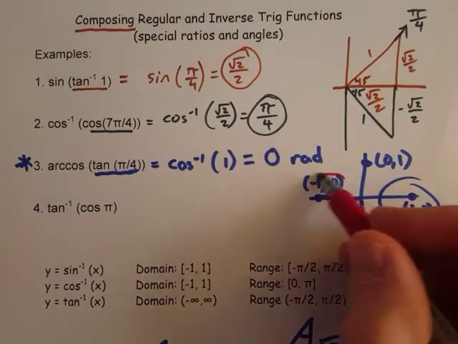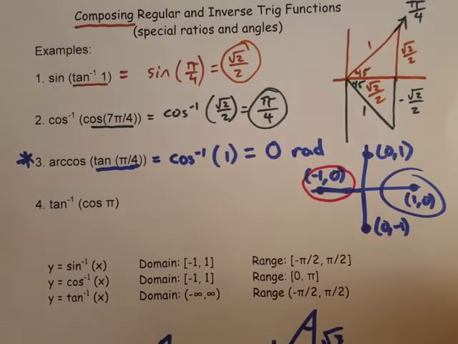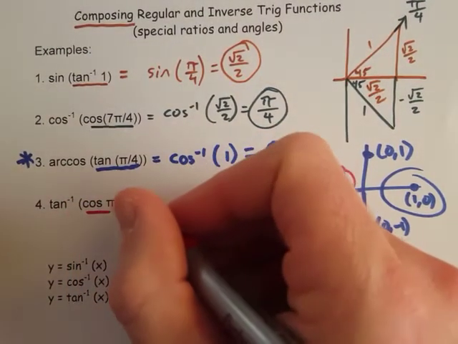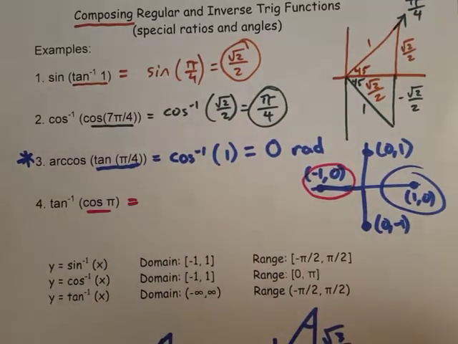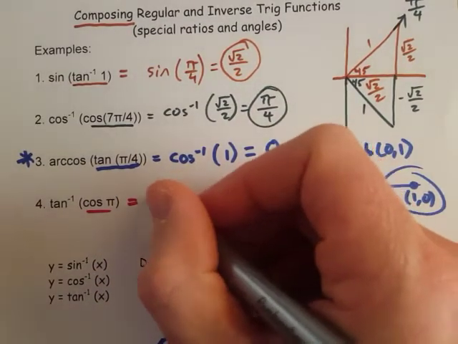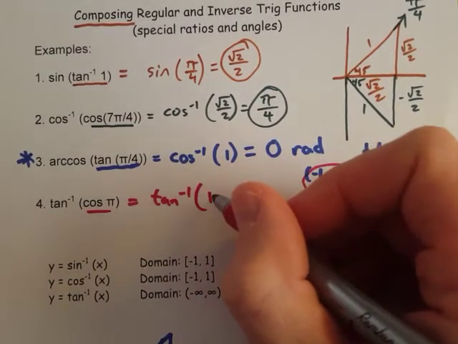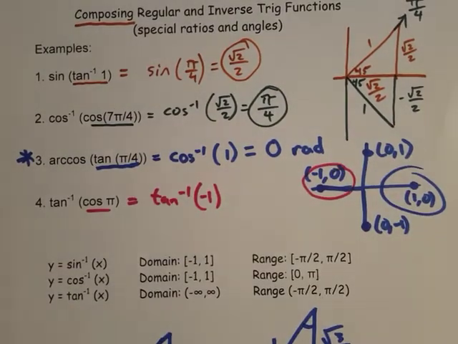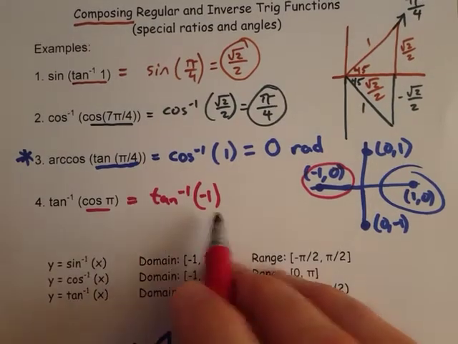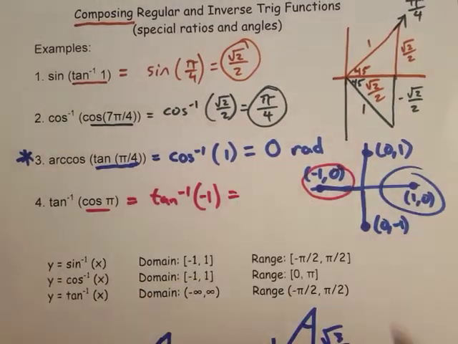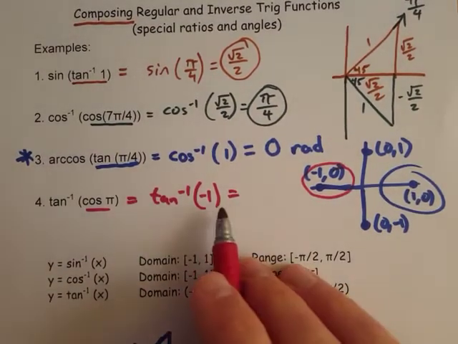So the x value at this spot is going to be -1. So now I have tangent inverse. I'm rewriting this. Tangent inverse of -1. So I've rewritten it. Now I just have one more step to find out what is the tangent inverse of -1.